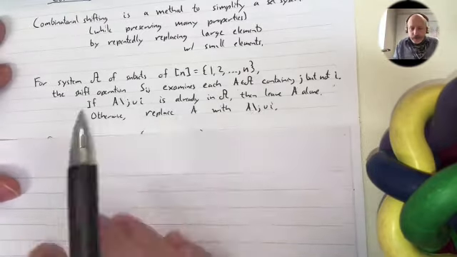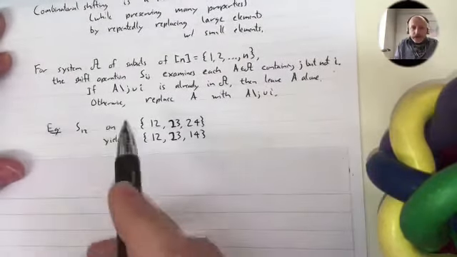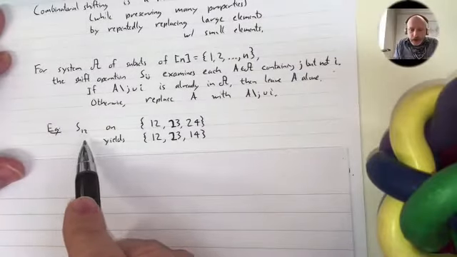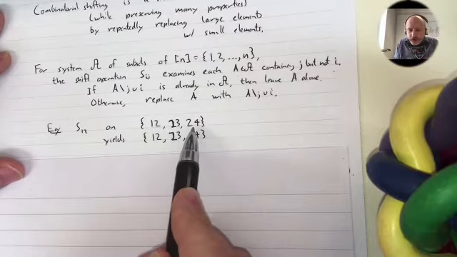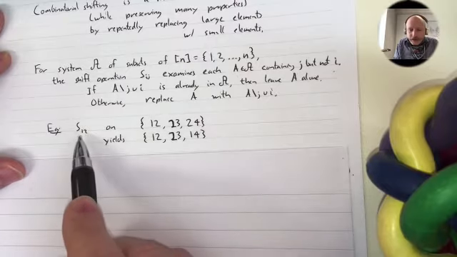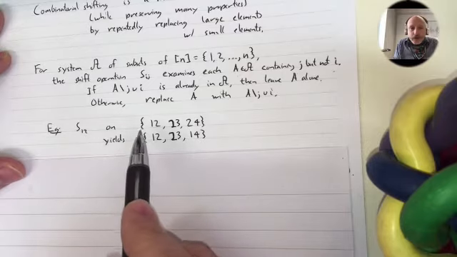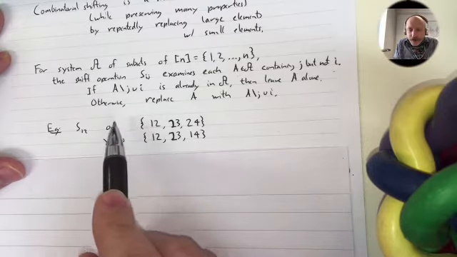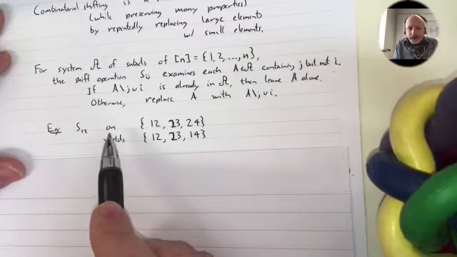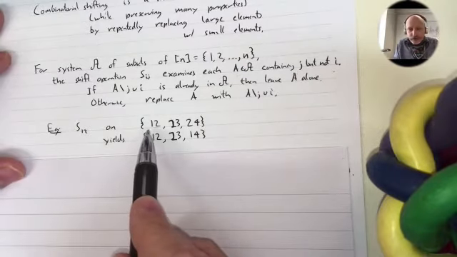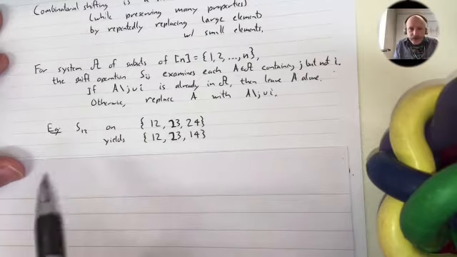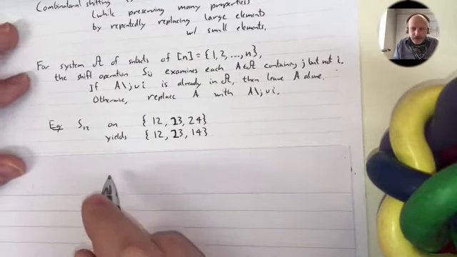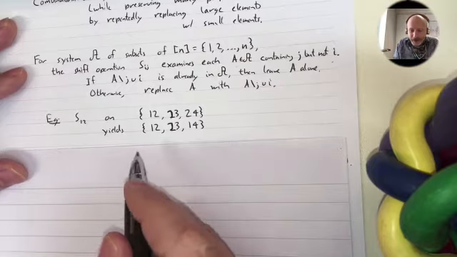Okay, so here's a small example. I'll take the family of sets 12, 23, 24, and I'll apply S_12. I should say I'm going to be extremely cavalier about writing set braces. So this 12 is representing the set with elements 1, 2, similarly for 23 and 24, and I won't deal with any numbers bigger than 9.